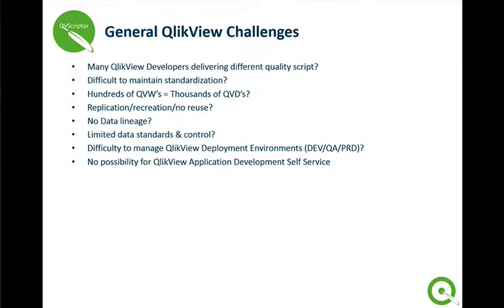So the product definitely aims to standardize your script, and the script quality coming out of the product is excellent. So it's difficult to maintain standardization. That ties in with the script and standardized script quality, standardized method of developing script, and so forth.